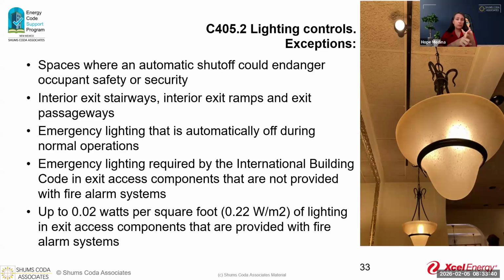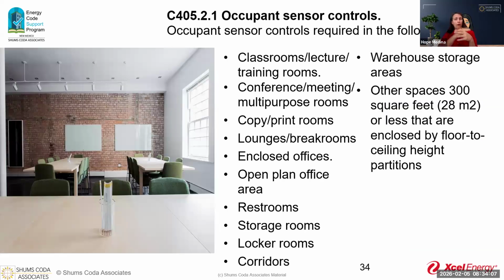Our interior stairwells, exit ramps, exit passageways, any exterior lighting that would normally be off, anything that's listed within the IBC as emergency lighting, if it has wattage that is 0.02 per square foot, and it's provided with a fire alarm system, all of that is exempt from the requirements of any type of control.